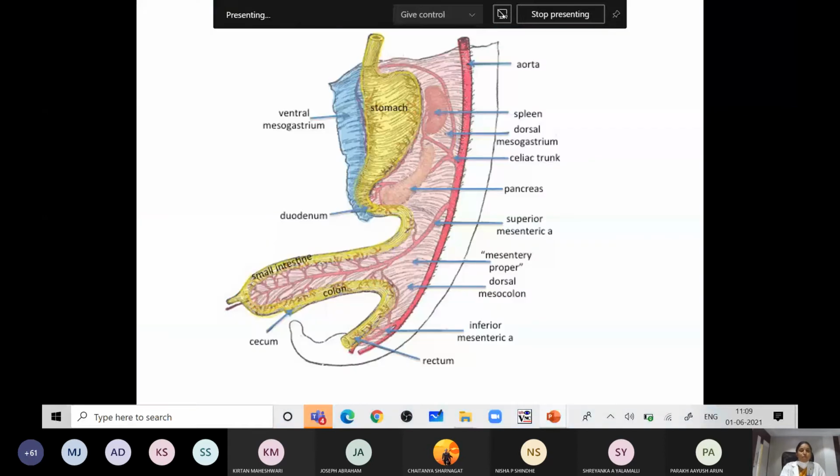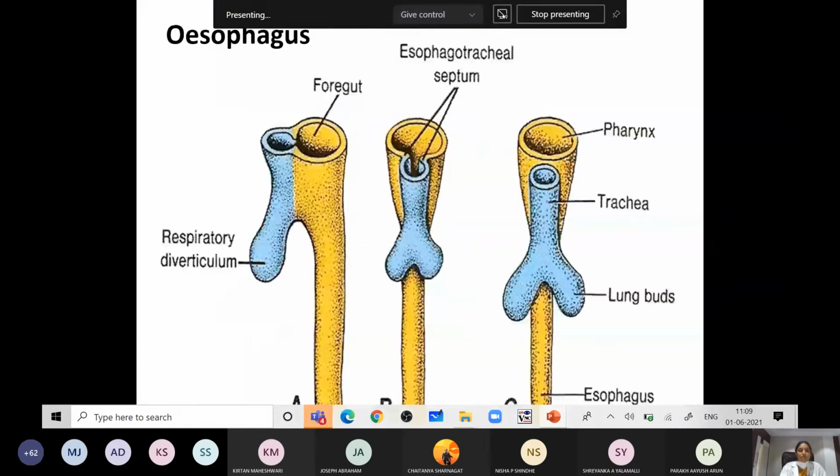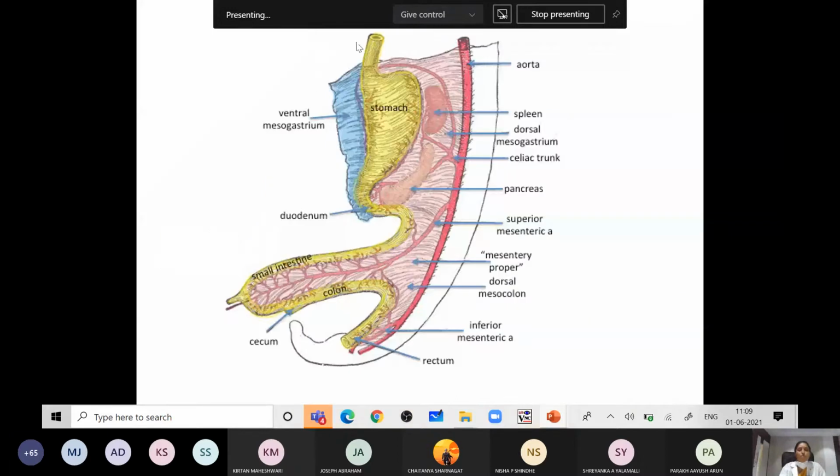So here we'll move on to the esophagus development. This is the repeat. The esophagus will share a common structure arising from the cranial part of the foregut, that is the respiratory diverticulum, which lies anterior to the esophagus. Initially it will be a small tube.